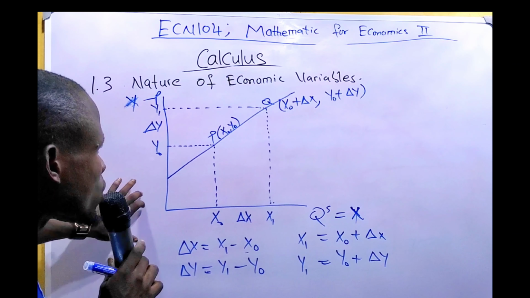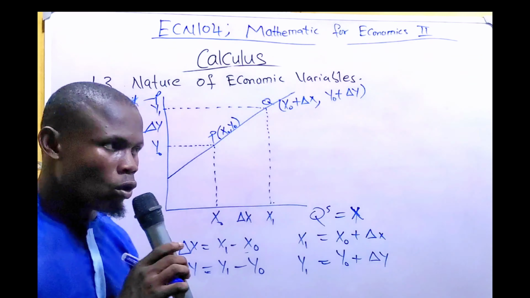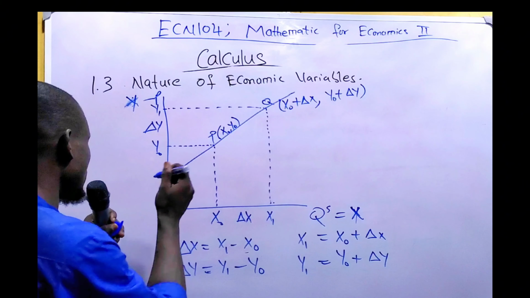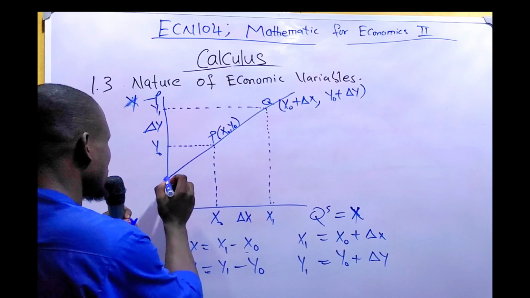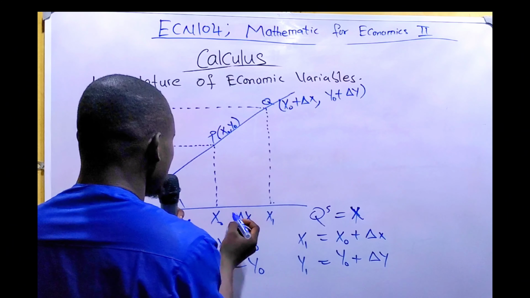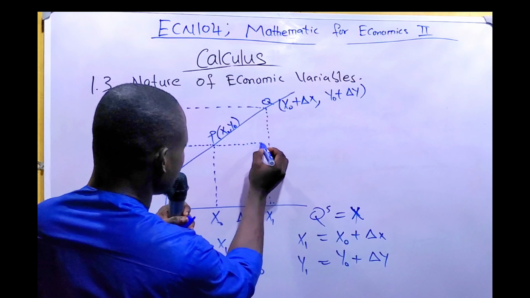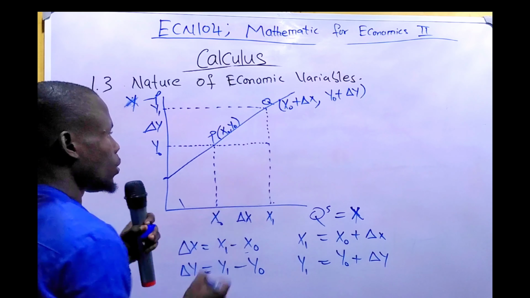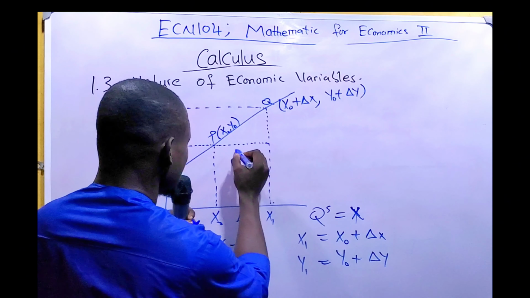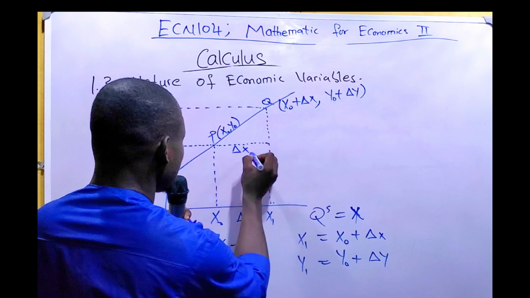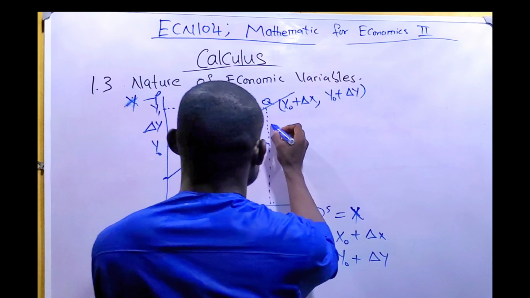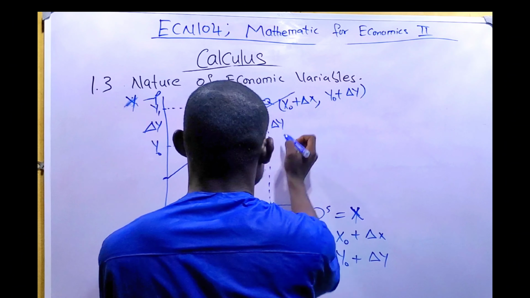Here we illustrate it using our supply curve. Don't forget, this point here will always be the intercept, and this here is the slope. We can further turn this into a triangle, such that here we have change in x, and here change in y.